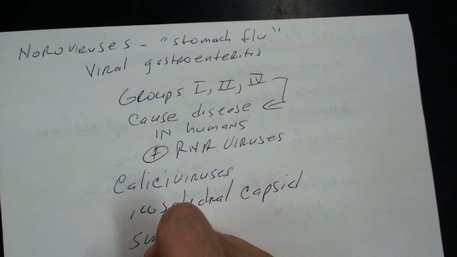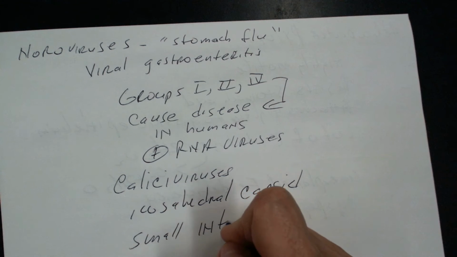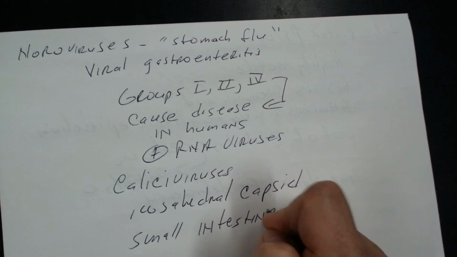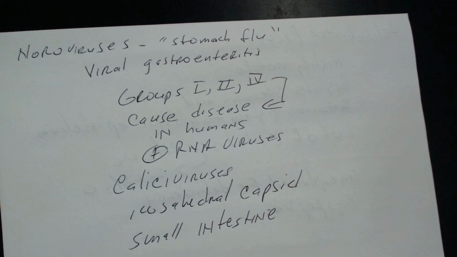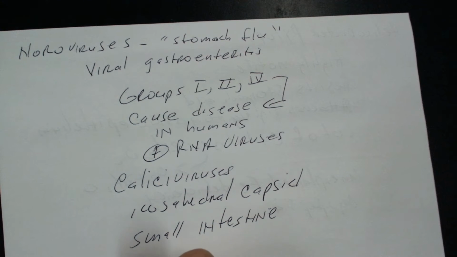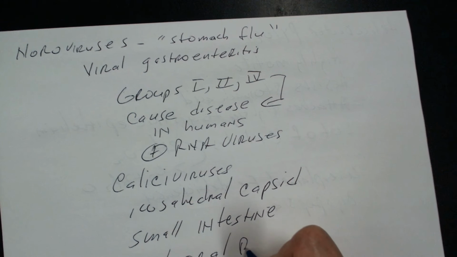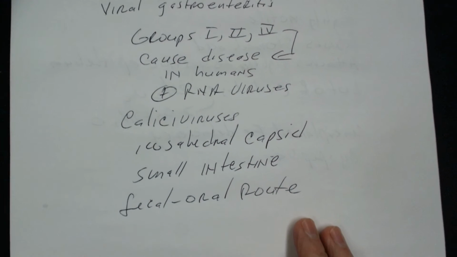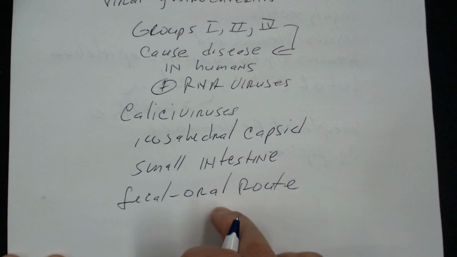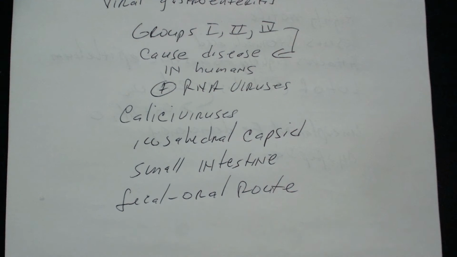They infect the small intestine. They cause inflammation of the mucosa. You get it from the fecal oral route. So aggressive hand washing can definitely quell norovirus outbreaks.